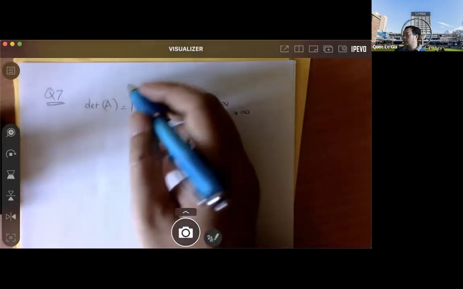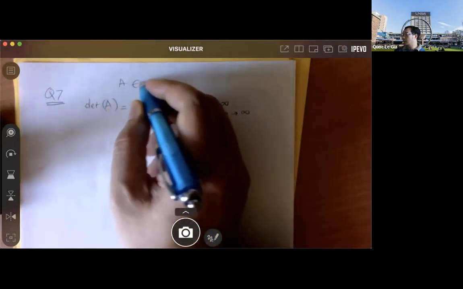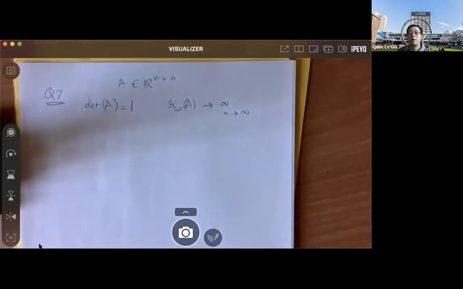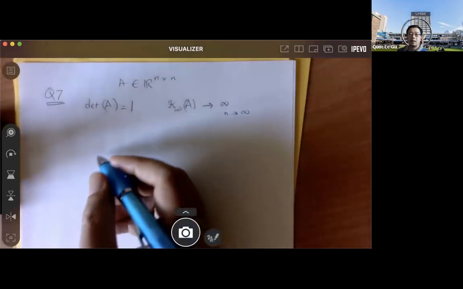The whole point of number 7 is we construct a very special matrix. The determinant of this matrix is fixed, but the condition number can go close to infinity. Now how do we construct this matrix? Somebody has constructed this matrix and we just study this.